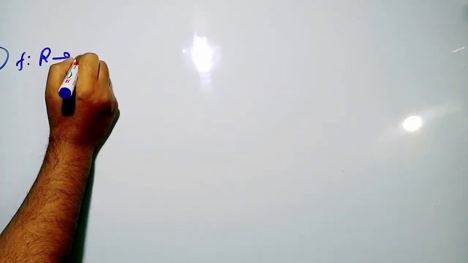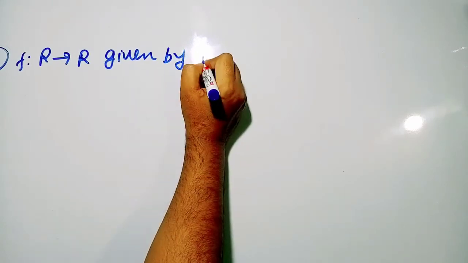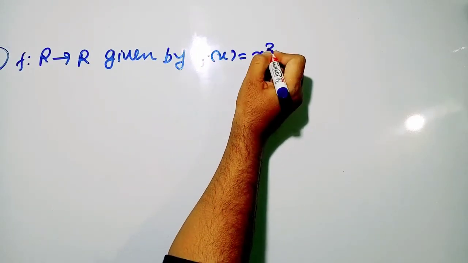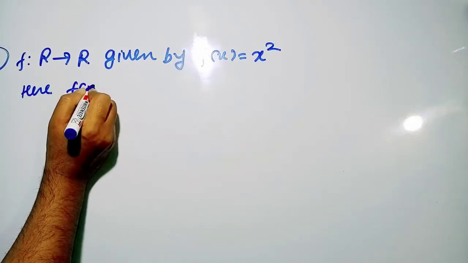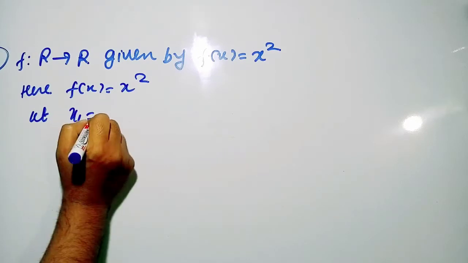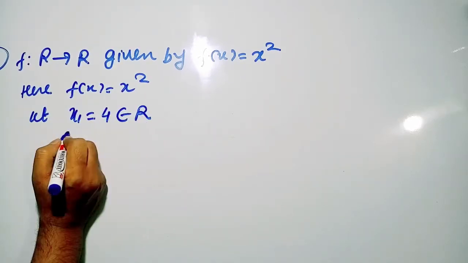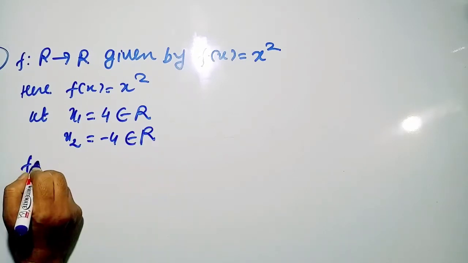Let us see the fourth question. The function f is defined from real numbers to real numbers, given by f(x) = x². So here f(x) = x². Let x1 = 4, which belongs to the real numbers, and x2 = -4, this is also a real number.